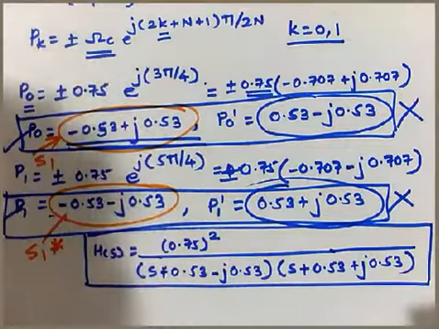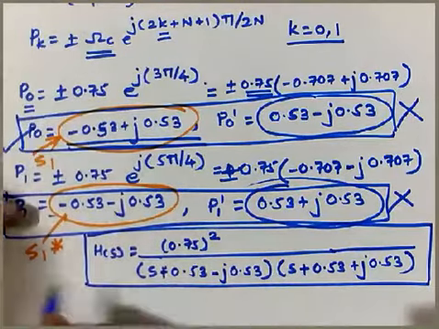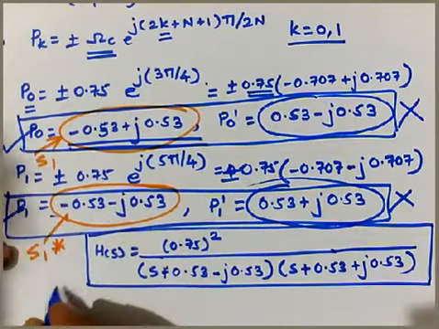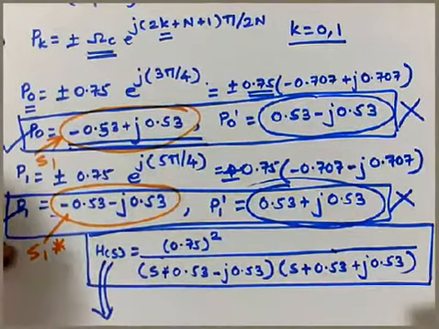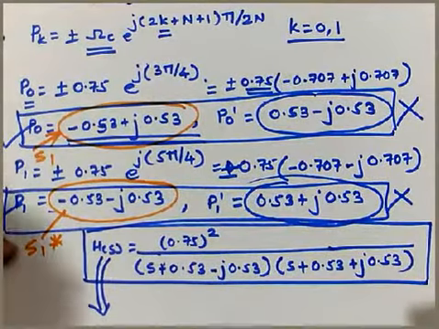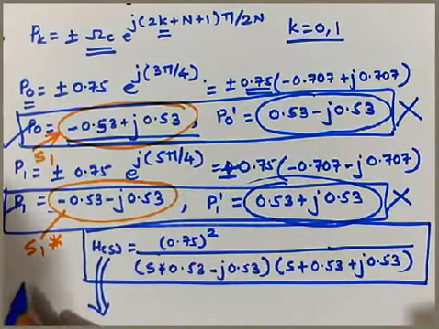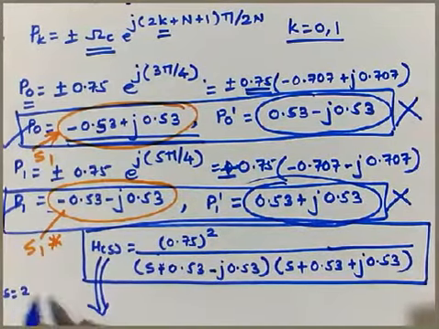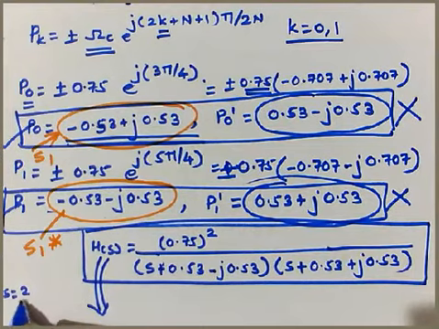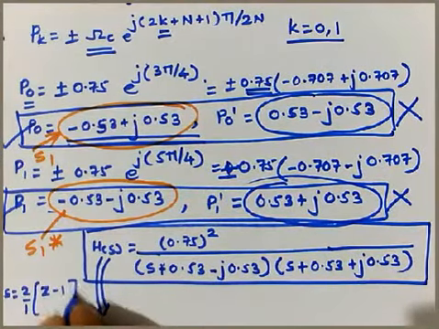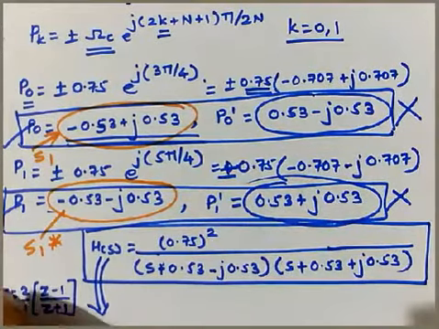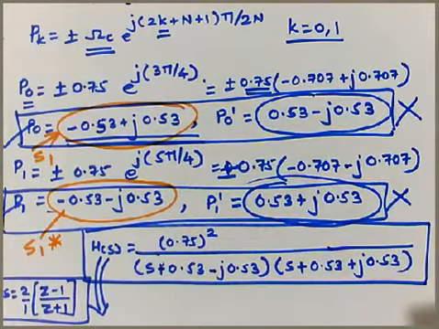We can complete the job at this stage itself by converting this H(s) into H(z). How to convert it? Just by using the simple expression s = (2/Ts)(z − 1)/(z + 1), where Ts is assumed to be 1, since it is asked to use the BLT method.